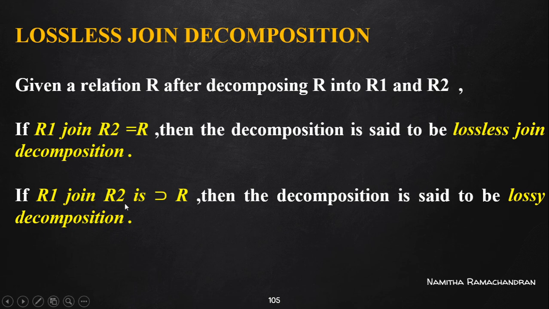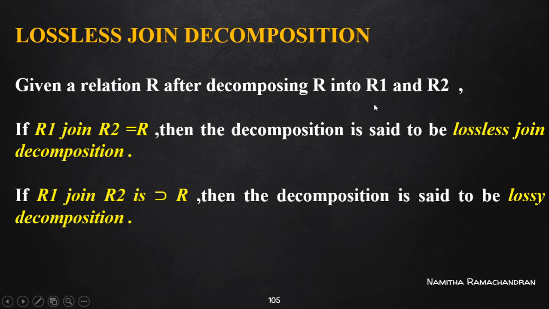Spurious tuples means unwanted tuples. So that resultant relation becomes a superset of our relation R. Such a decomposition is said to be lossy decomposition. We have these two types of decomposition, lossless join and lossy.